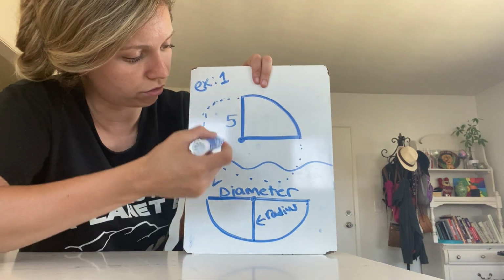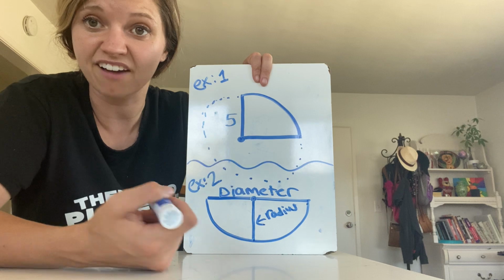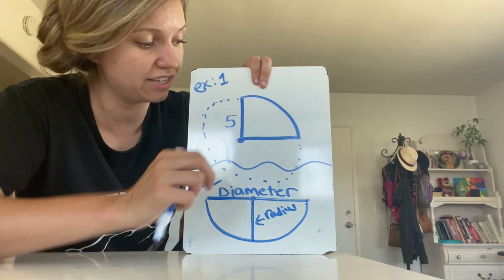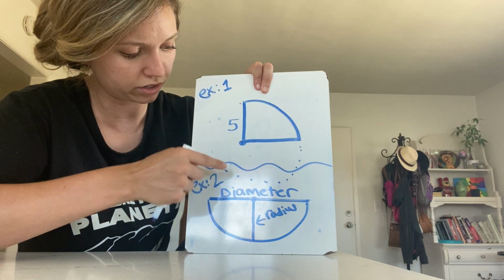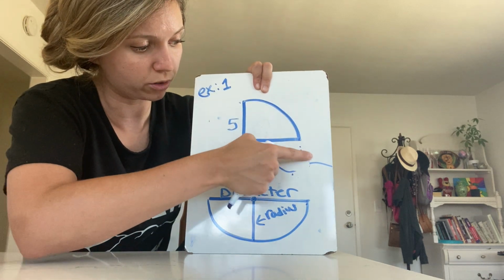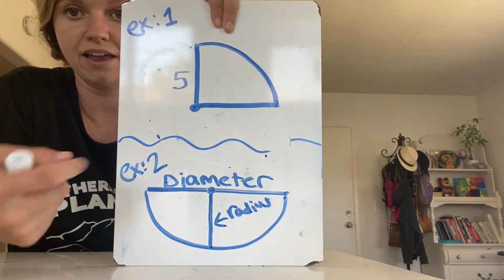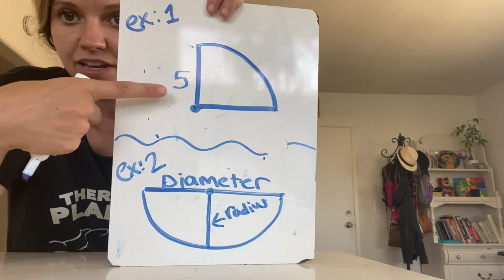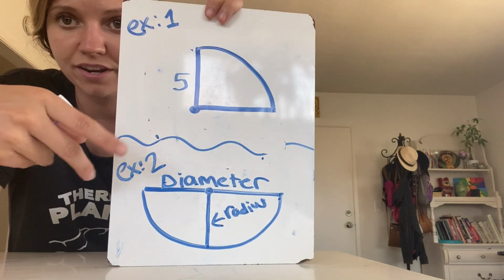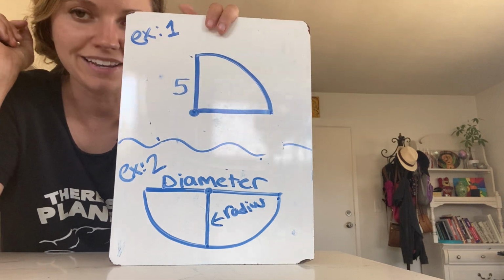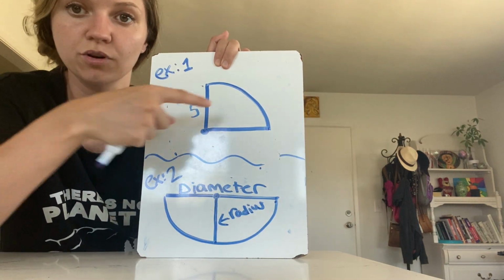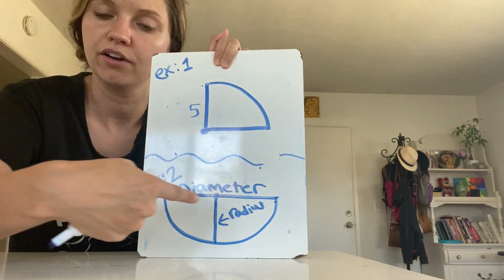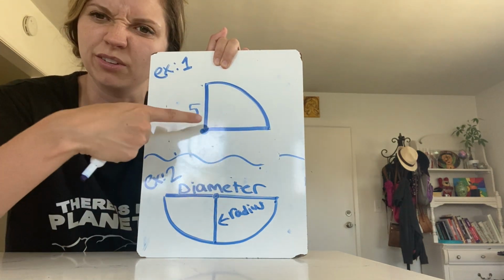And if we had a whole circle, this line would be just halfway across. So we still consider this to be the radius. Okay, so that's a very important thing to know. A lot of people are missing exit ticket problems because of that. Whole class, is this the radius or the diameter? 3, 2, 1. Radius. Okay, it's just the radius, because you have to imagine the whole circle there. If it was the whole circle, you'd see that it's just the radius.